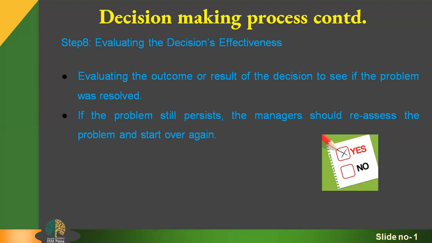And if the problem still persists, immediately or after some time, or the problem is occurring randomly, that means your decision implementation has been done in a wrong way, and now you have to rethink, change your decision, go for reanalysis, and re-implement the decision. So this is the benefit of evaluating the decision effectiveness, or post-implementation review, whatever we call it.